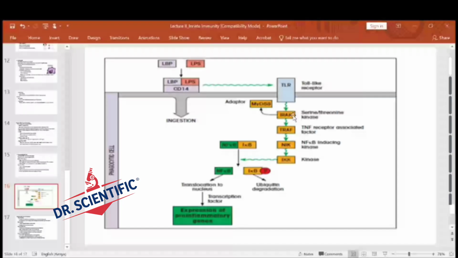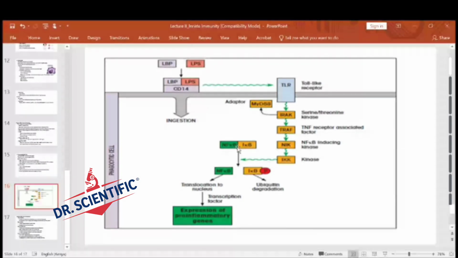There have to be other factors, other proteins that are involved, including IRAK, TRAF, NIK, and IKK, and IKK then phosphorylates IKB. IKB is bound to this, then it's activated. Once it's activated, IKB breaks off, is phosphorylated, and is degraded. Then the toll-like receptor is activated, and then, of course, nuclear factor KB comes in.